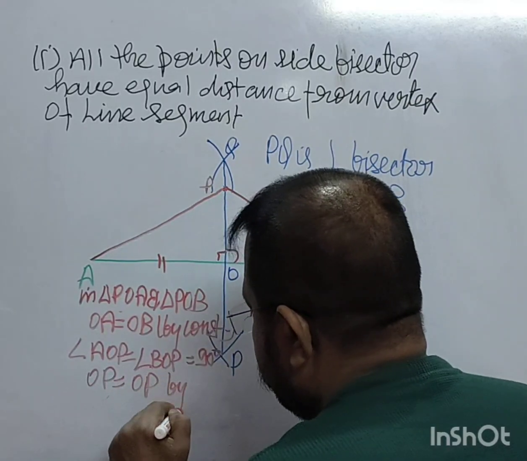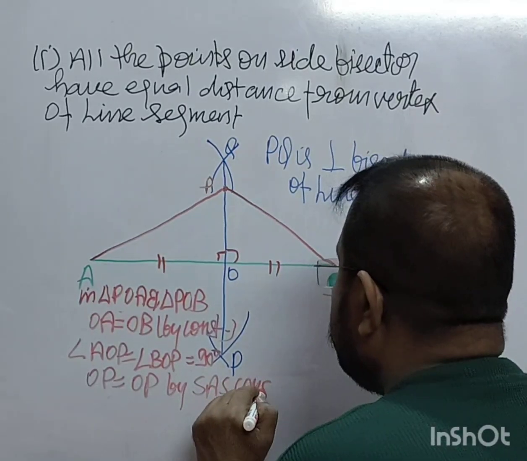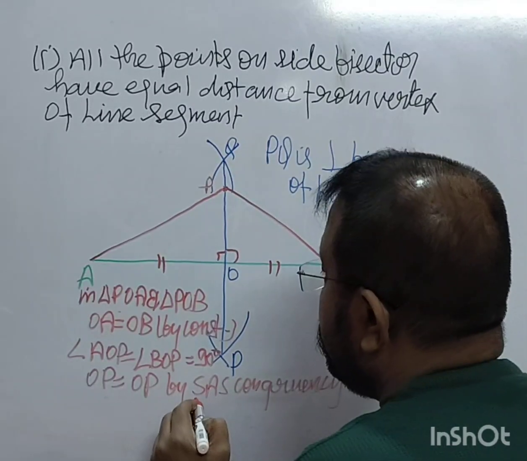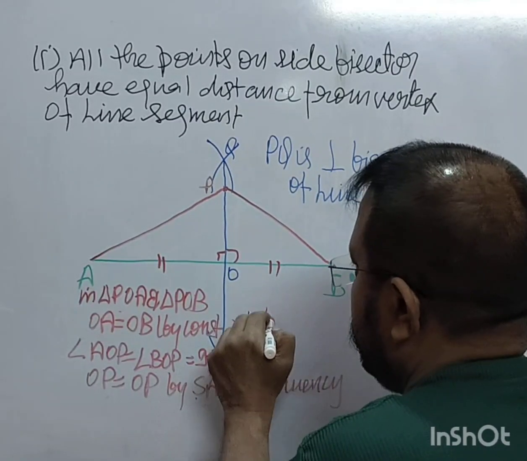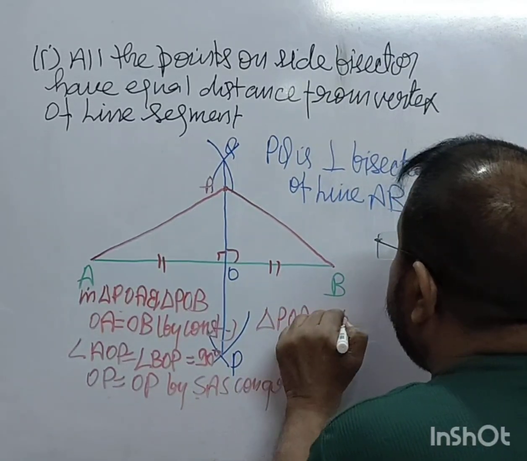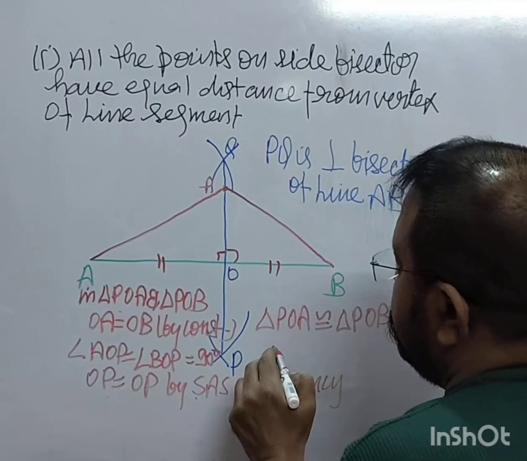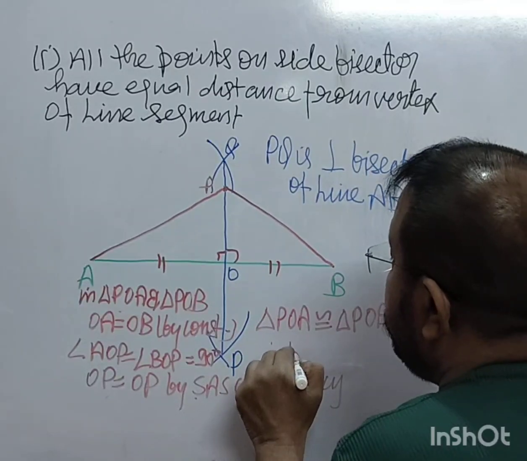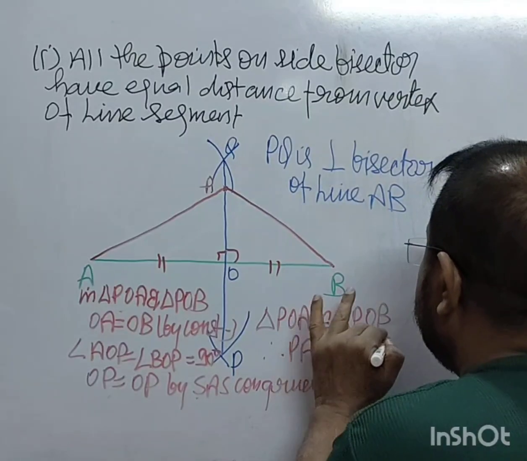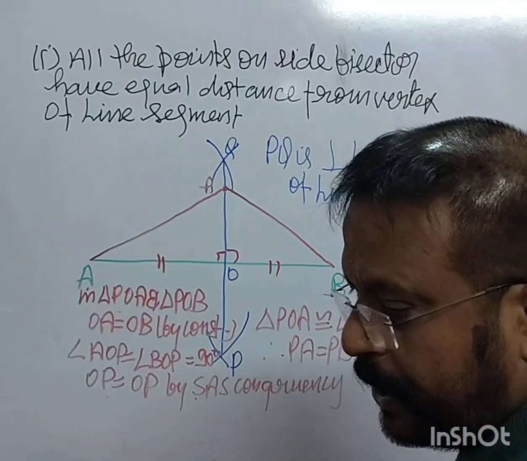So by SAS congruency, triangle POA is congruent to triangle POB. Therefore, PA is equal to PB by CPCT.